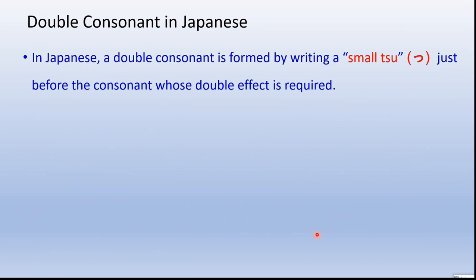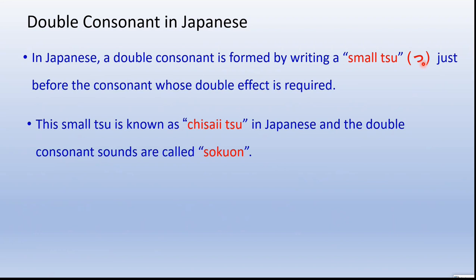In Japanese, a double consonant is formed by writing a small tsu letter like this just before the consonant whose double effect is required. This small tsu is also known as chisaitsu in Japanese, and the double consonant sounds are called sokuon. So after gojuon, dakuon, handakuon, and yuon, we have the fifth one called sokuon, which is nothing but the double consonant.